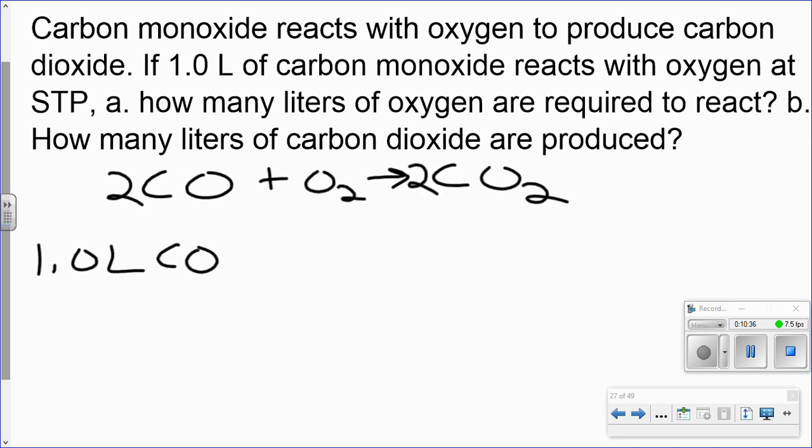The problem is I don't have enough information to convert to moles. Actually, now that I think about it, I can convert to moles using the molar volume of the gas, the 22.4. But there's a quicker way.